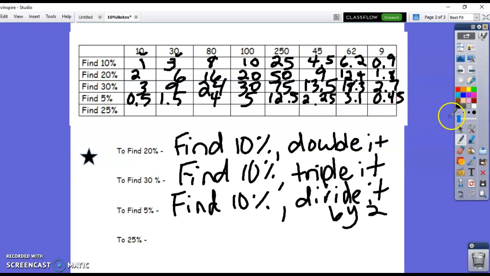All right, now we just have our last one. If we want to find 25% of a number, there's a couple different ways we could do this. The way I have you do it is just to find your 20% and find your 5% and add them together.